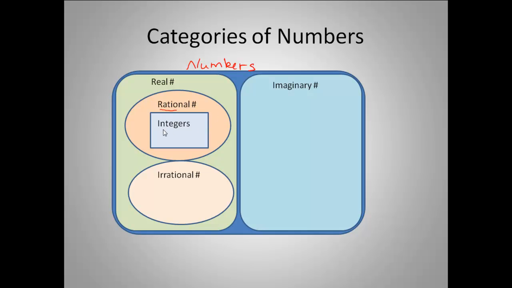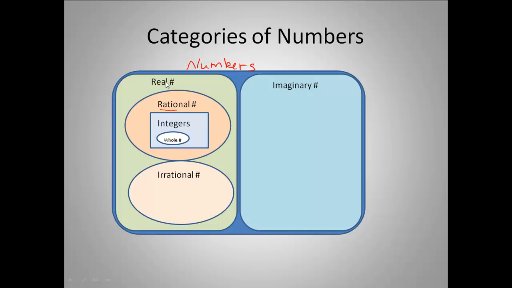Now remember, the integers are like -3, -2, all the way up to 4, 5, 6, and they keep going. So those are our integers. Then we can even break the integers down a little bit farther, and that is into the whole numbers. That's 0, 1, 2, 3, 4.